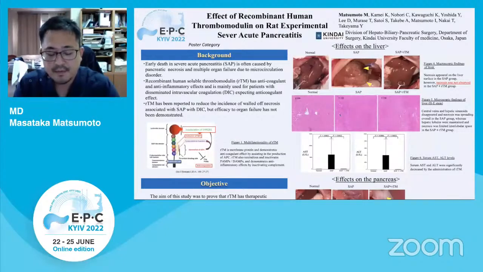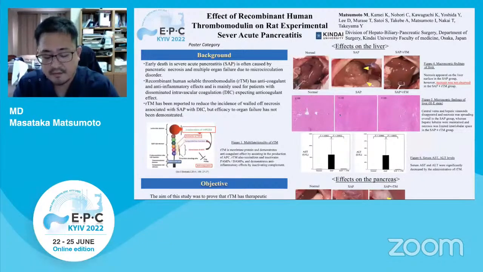Effects on the pancreas. Macroscopic and microscopic findings, the SAP plus RTM group was able to maintain the normal structure more than the subgroup, same as effects on the liver. Serum amylase levels were significantly decreased by the administration of RTM.